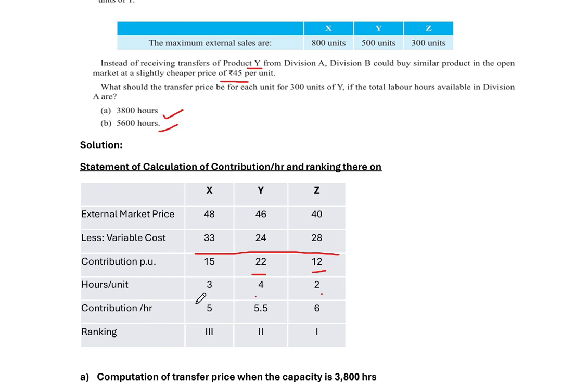We will get 5 per hour for X, 5.5 per hour for Y and 6 per hour for product Z. So as per the contribution per hour, the ranking will be: Z will be the first rank at 6 per hour, second rank Y at 5.5, and third rank X at 5 per hour, meaning division A will prefer producing Z first, the next priority will be given to Y, and at last priority will be given to product X.